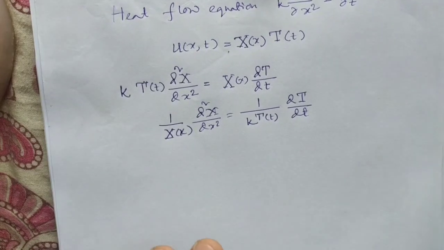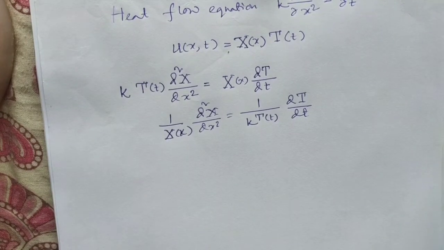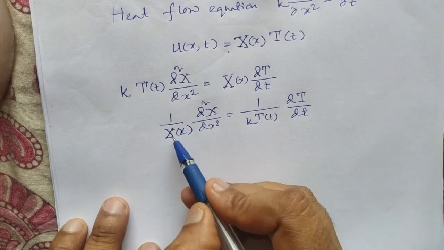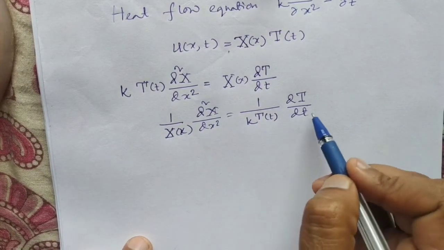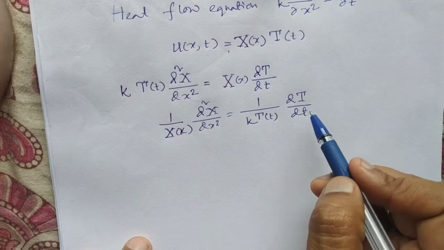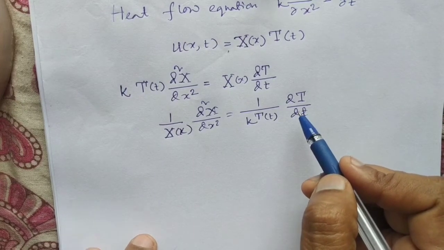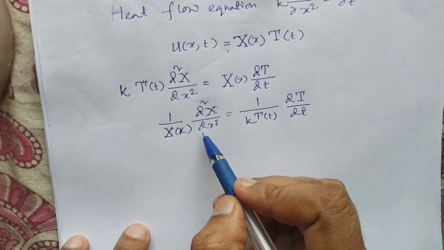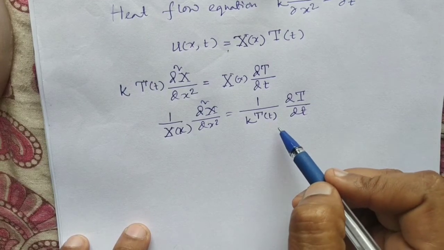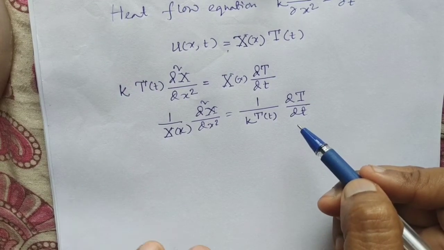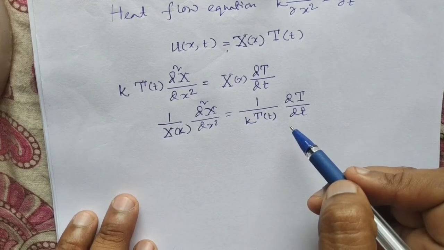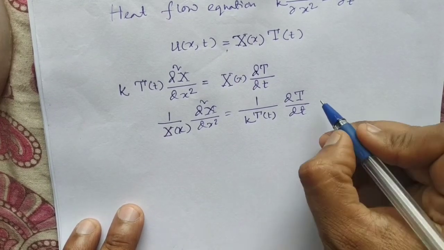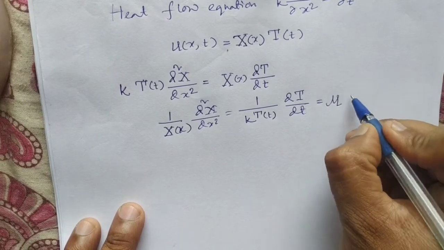Follow one thing: if kappa is a constant, then this part is completely a function of x, and this part is completely a function of t. Now how can that be possible? Because this is a function of x and this is a function of t, they cannot be equal to each other, except when both functions are equal to some constant. So we take this equal to some constant mu.